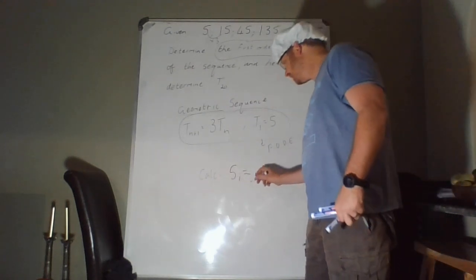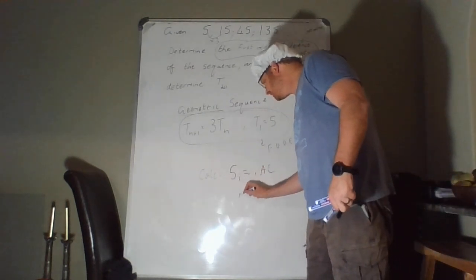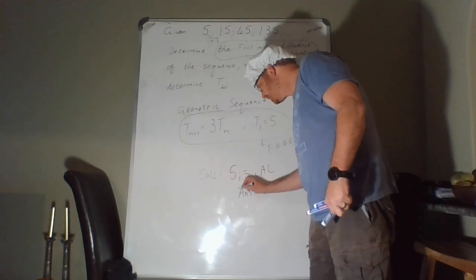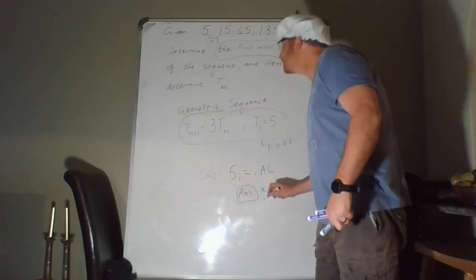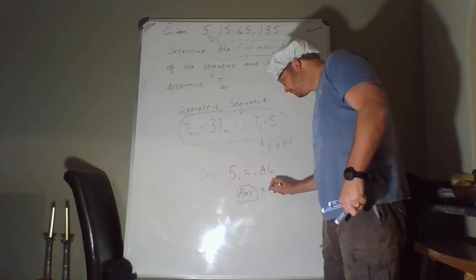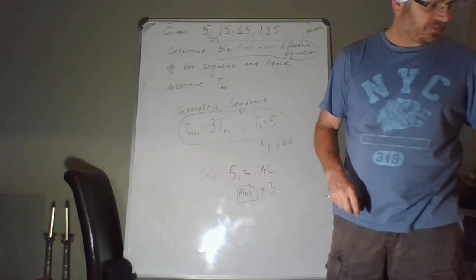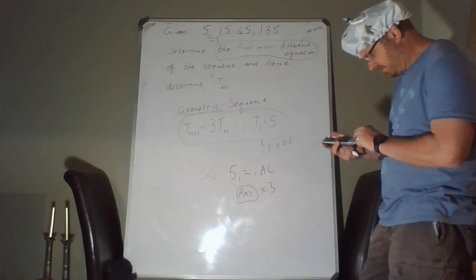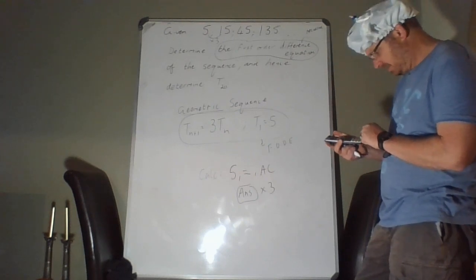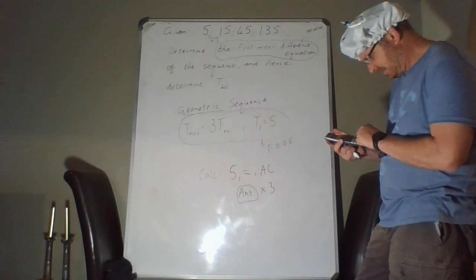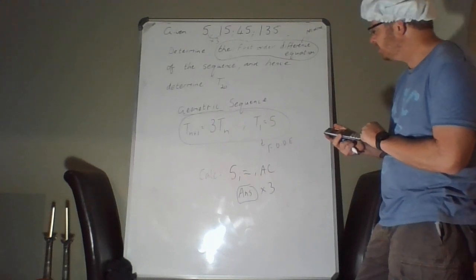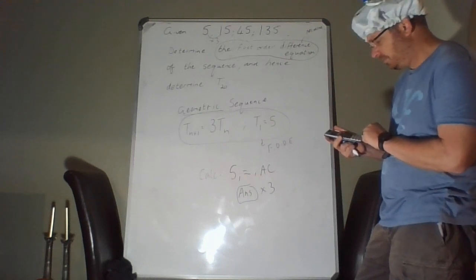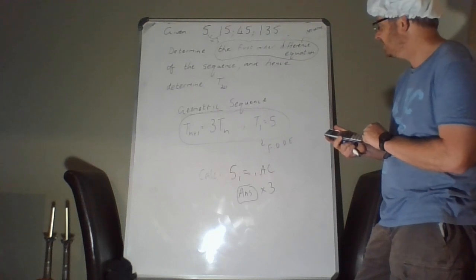Then press the answer button, and multiply it by 3. So you're going to go 5 equals, clear your screen, then answer times 3, which should give us 15, and that's term 2.